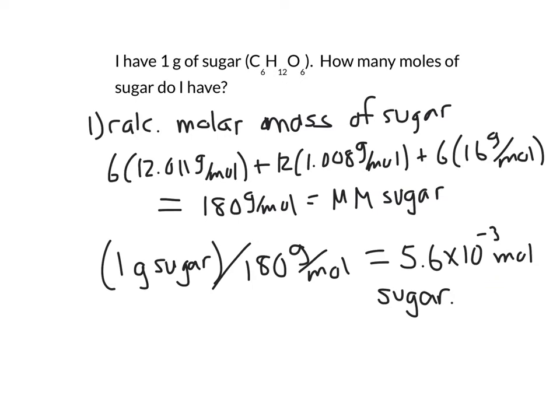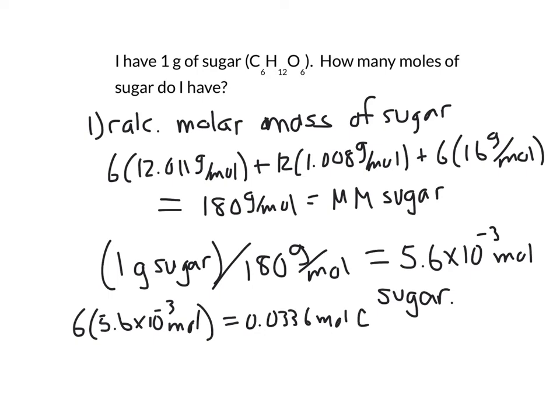So since I have 5.6 times 10 to the minus 3 moles of the whole thing, and each of those moles has 6 carbons in it, I can figure out the number of moles of carbon by taking 6 times 5.6 times 10 to the minus 3 moles, and that will give me the number of moles of carbon. So I have 0.0336 moles of carbon.